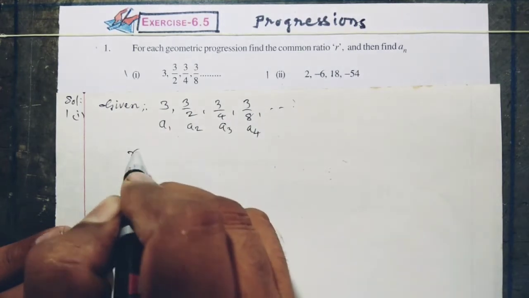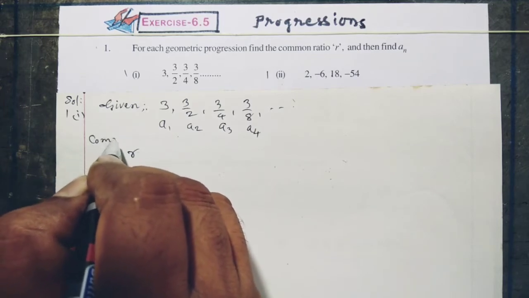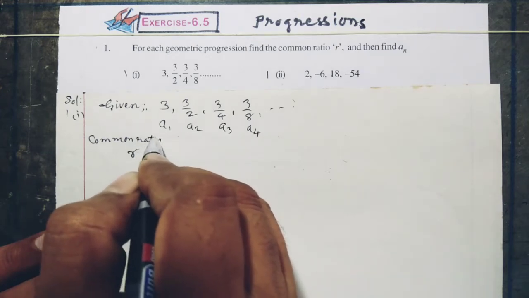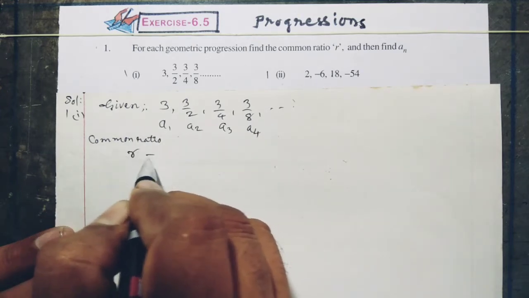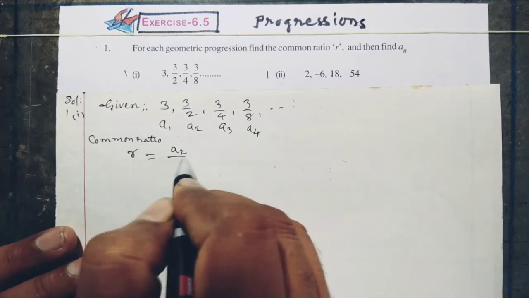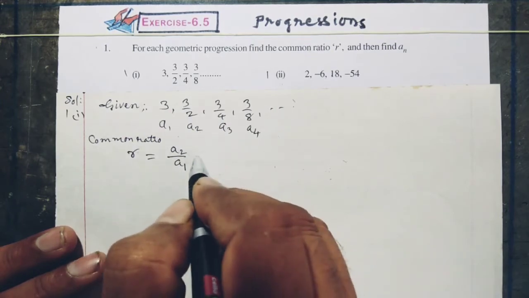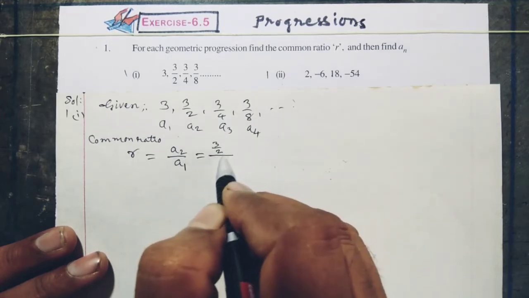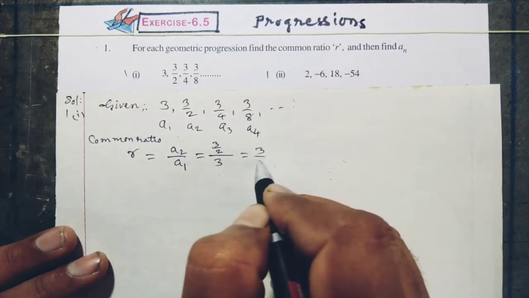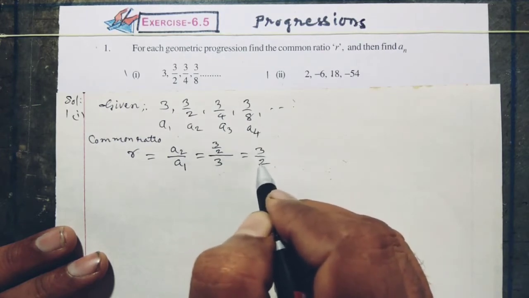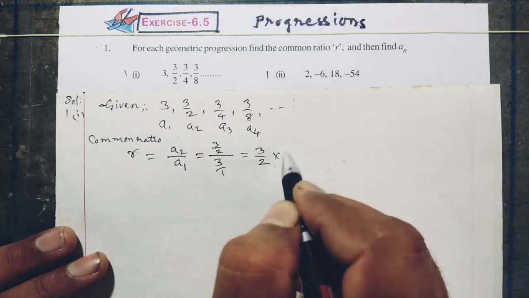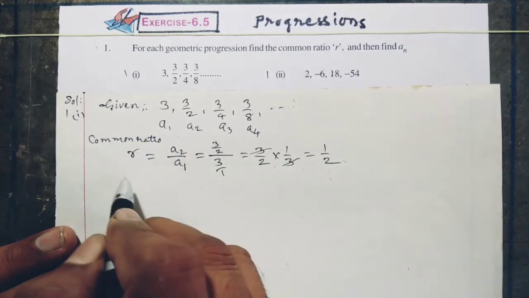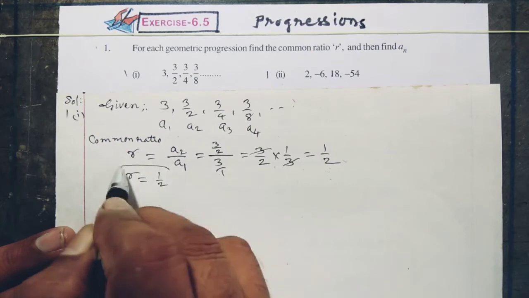Common ratio R is equal to A2 by A1, which is 3 by 2 by 3, that is 3 by 2 into 1 by 3, 3 cancel, 1 by 2. So common ratio R is equal to 1 by 2.